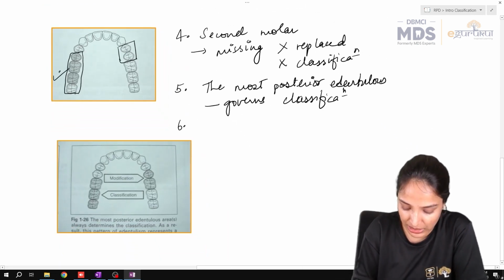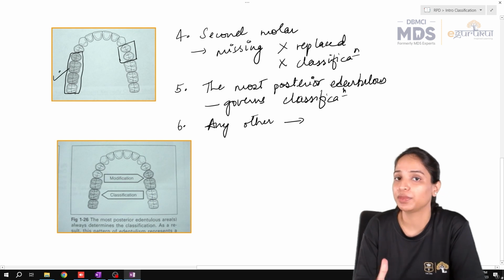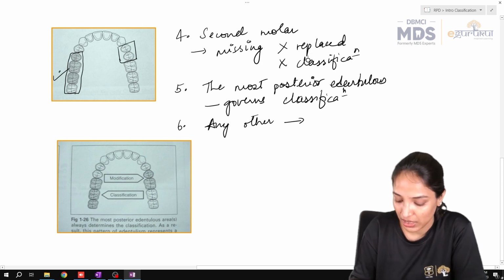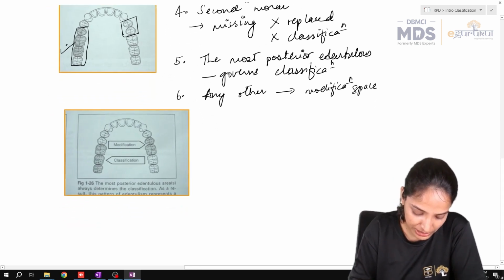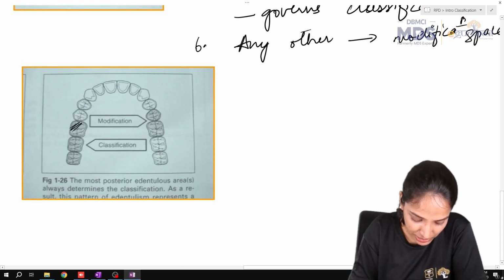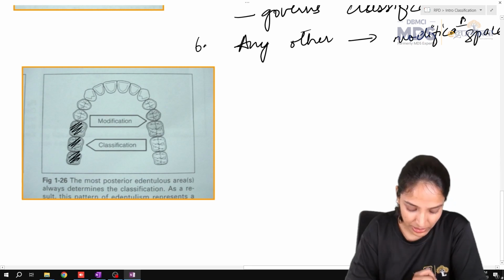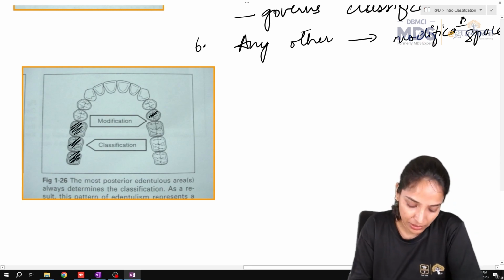Rule number 6 is that any other edentulous span apart from the one governing the classification is called a modification space. Let me take this particular example here. You have these teeth which are grayed out. Suppose they are missing, right?